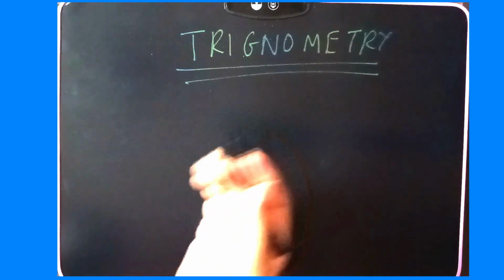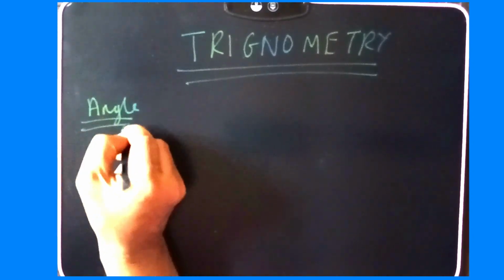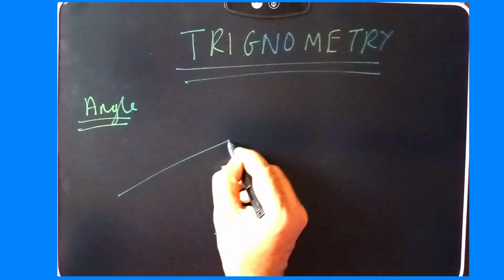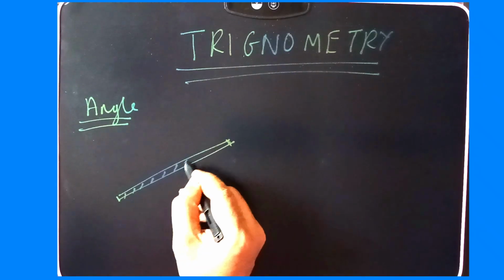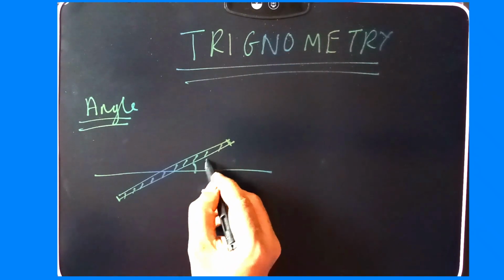So trigonometry is all about angles. So let us see what is an angle first. What is an angle? If you want to measure the rotation of a body, let's say this is a rod, and this has rotated at an angle theta.